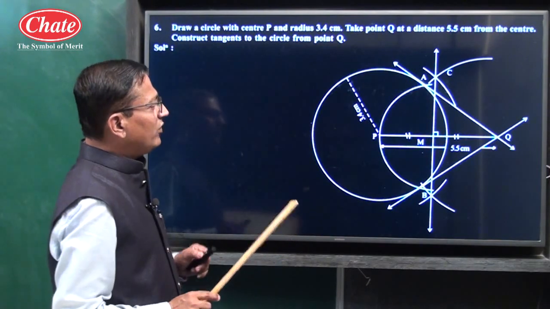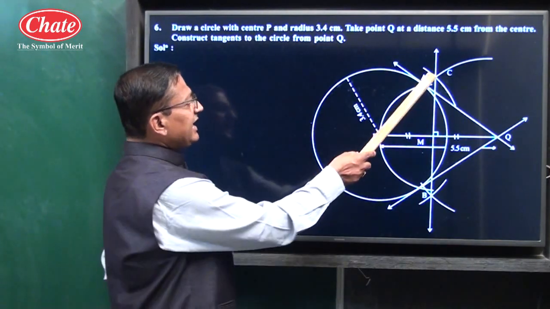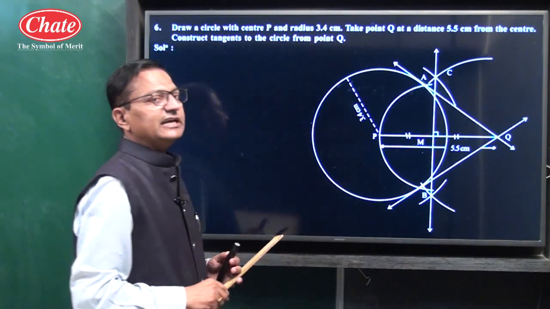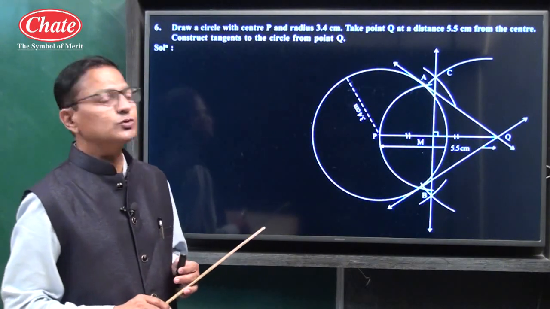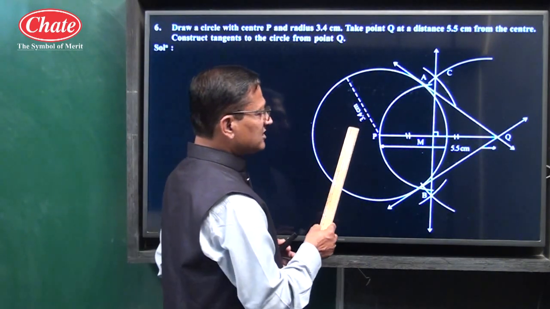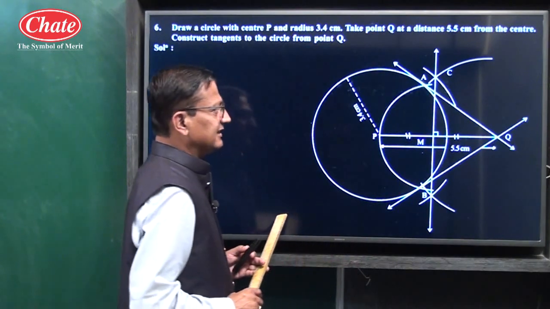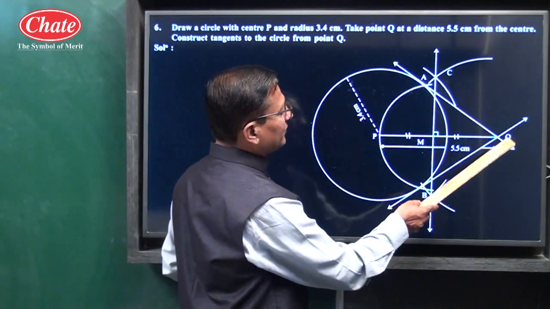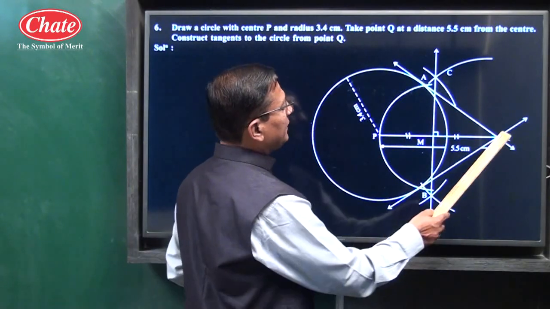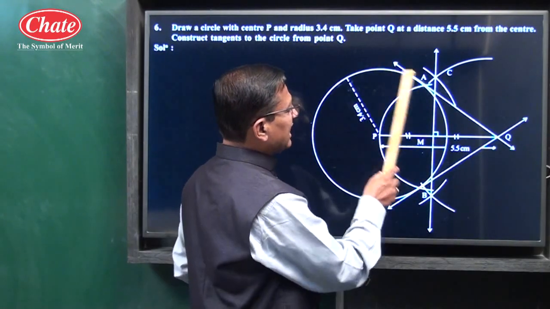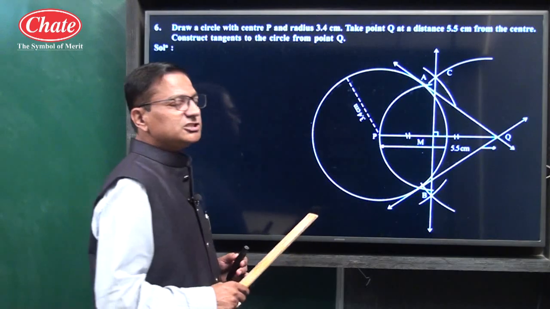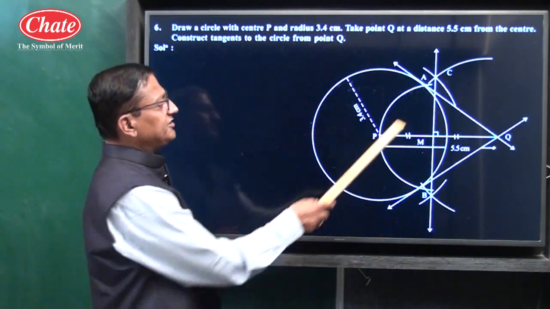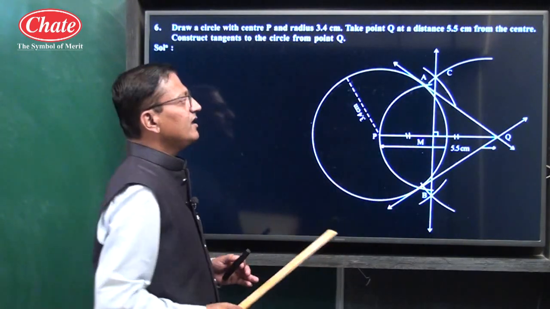After that we get 2 points A and B which are the intersecting points of the two circles, the first circle and the second circle. Draw a line passing through AQ and passing through BQ. Both the lines are tangent to the circle at point A and point B.